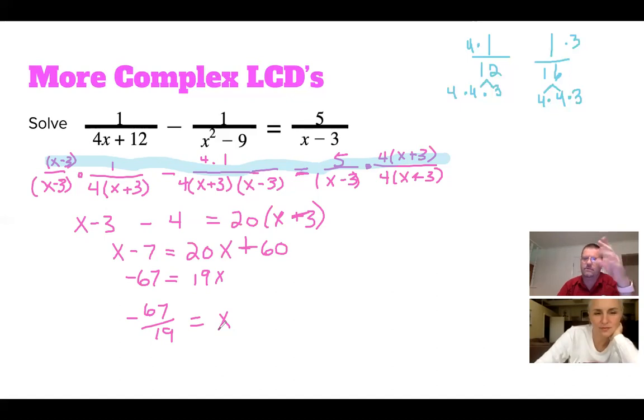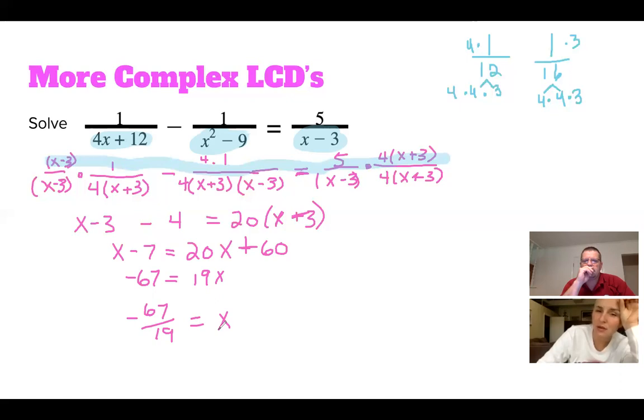I mean, I can plug it in and do the math and see that it works. And Ms. Young's right, I could use my calculator to check the math. But what am I looking for? I'm looking for, does that number that I came up with cause me to have a division by 0? So I'm looking at the denominators from the original problem and thinking about what I would plug in to cause 0.